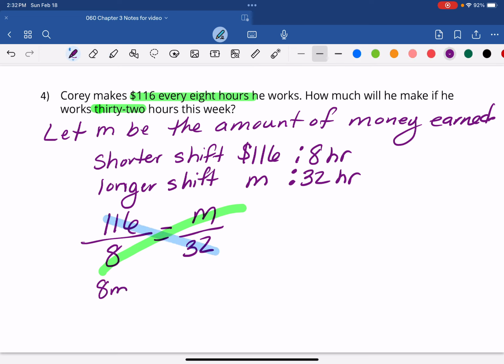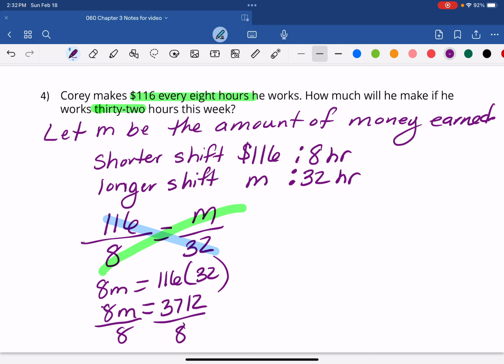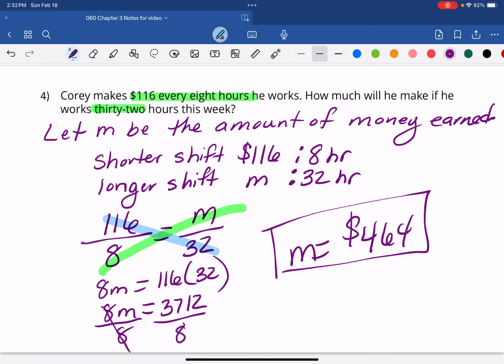So I'll have 8M equals 116 times 32. 116 times 32 is 3,712, which gives me M equals $464. So Corey will make $464 for a 32-hour shift. And that is solving proportions.